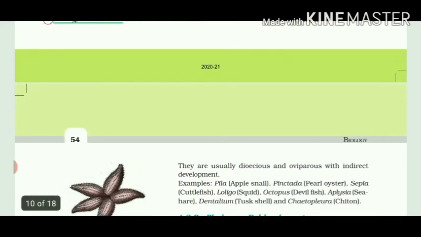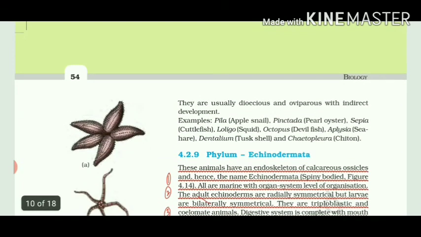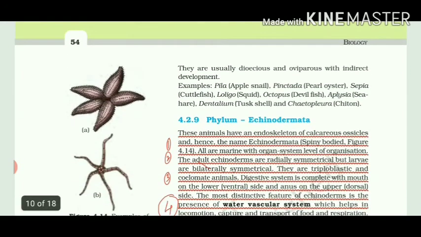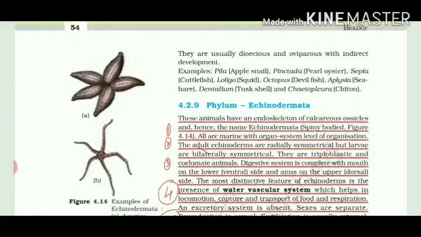Any two examples you can remember, such as Pila and the other one, octopus. And they are usually dioecious, means both the sexes are separate. And direct development is there. It means there is no larval stage which is formed, and oviparous means they lay eggs.